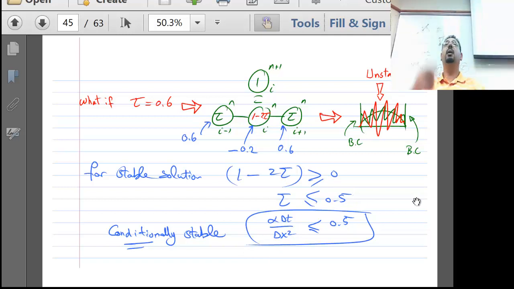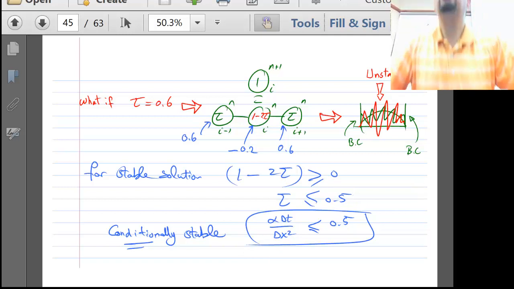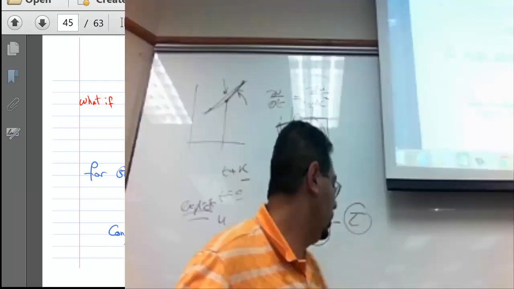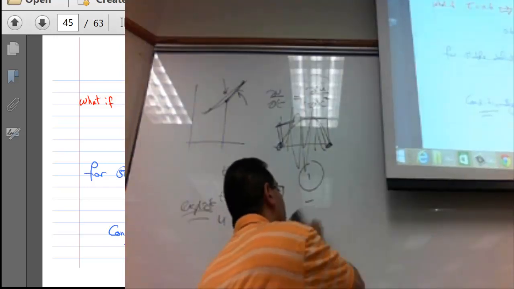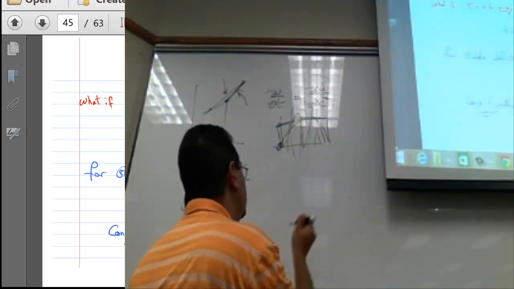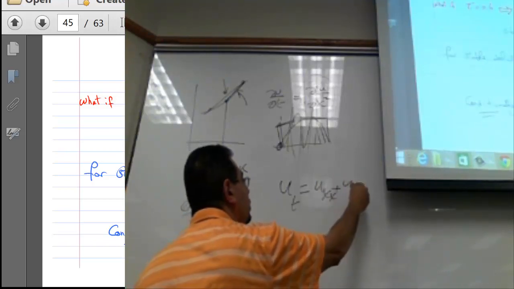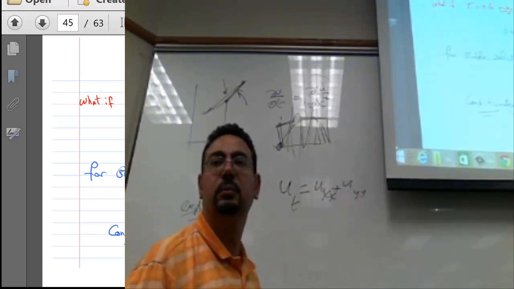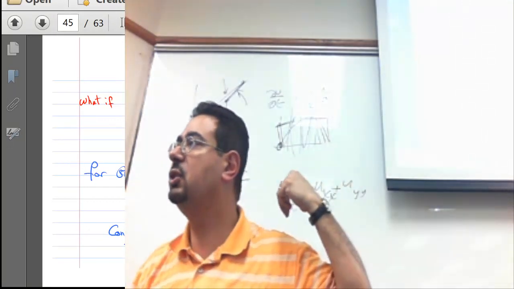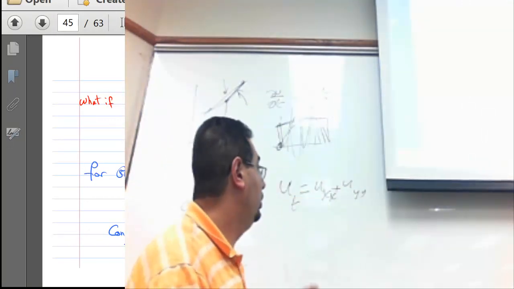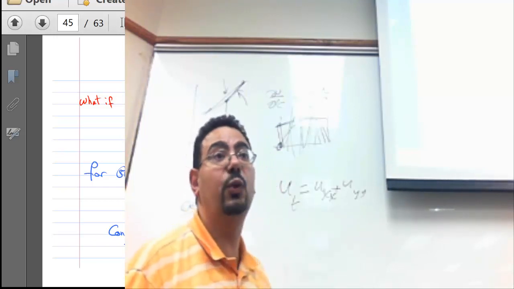One time I also gave them a problem that's not t with x. The equation was something like this: ut equal uxx plus uyy. Still a partial differential equation, right? Still parabolic, by the way. And I told them to write the finite difference formula for it.